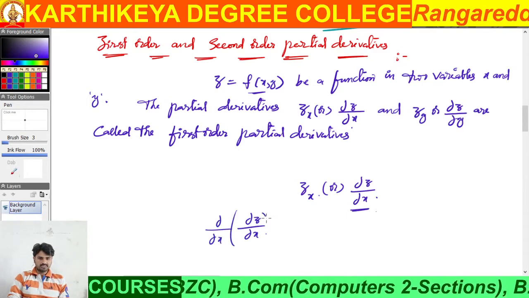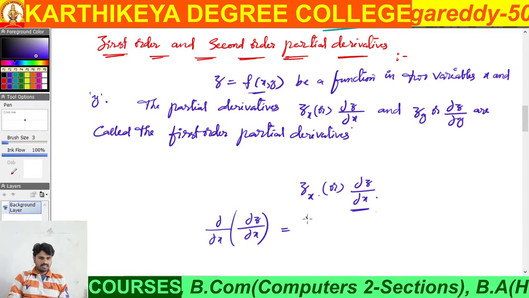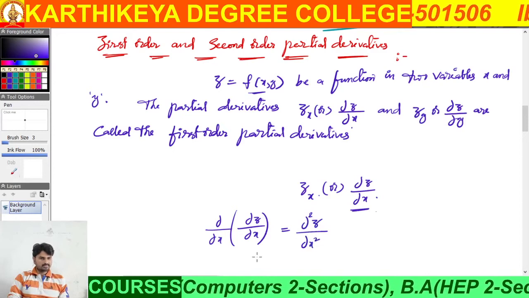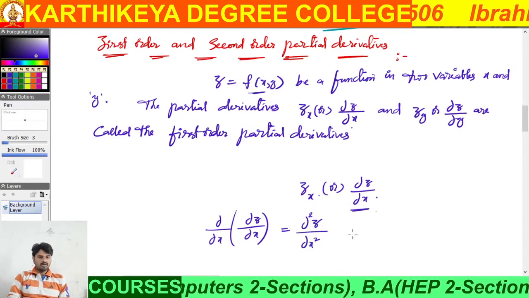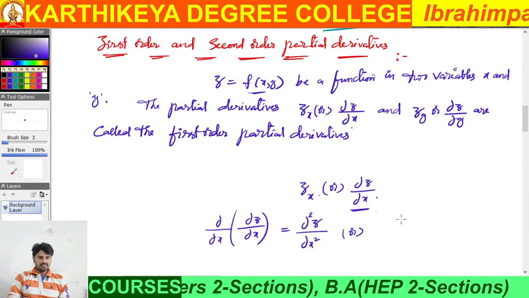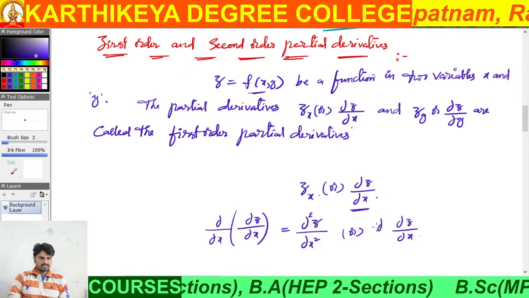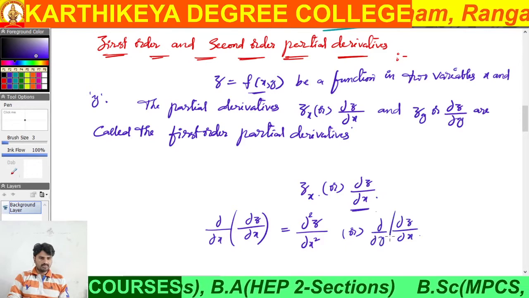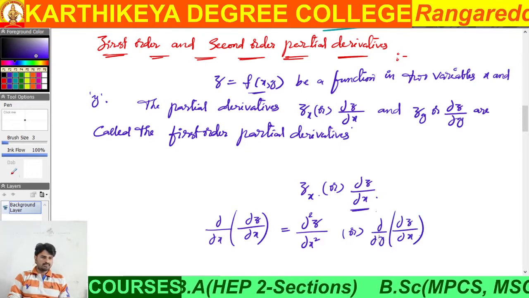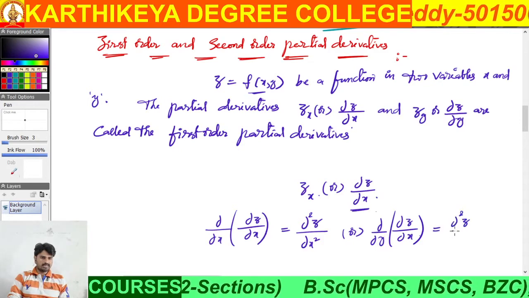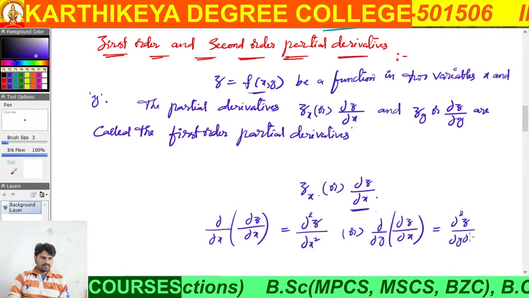This can be written as dou square z by dou x square. Or this function may be differentiated with respect to y. You will get dou by dou y of dou z by dou x. That means dou square z by dou y dou x.